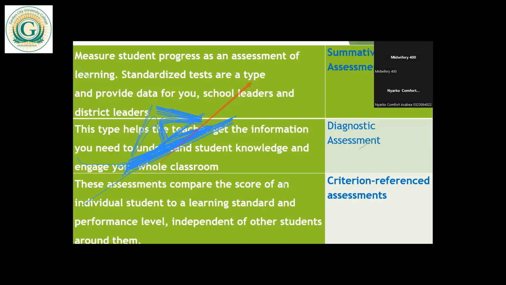The pre-test done before the workshop is a perfect example of a diagnostic assessment. The facilitator wants to know your knowledge as a participant before knowing exactly what to give out or how to engage the class going forward. So that's diagnostic assessment. You just want to diagnose the problem before you even start giving.